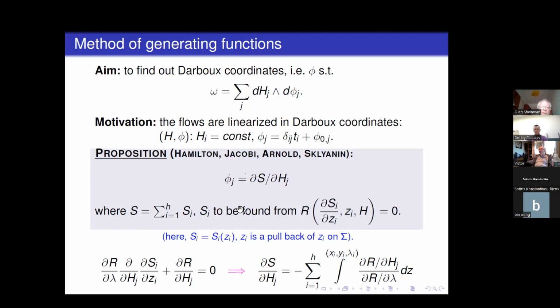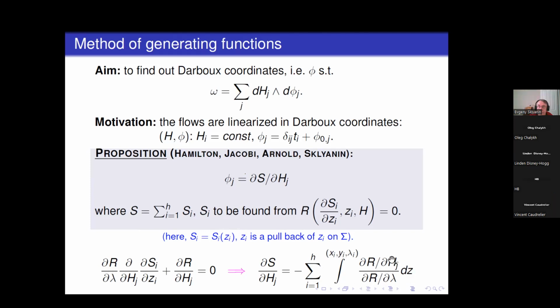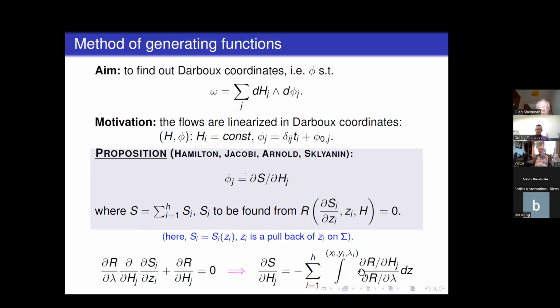The prescription is the following: phi j is obtained as the following sum of integrals, where all notation is already introduced.